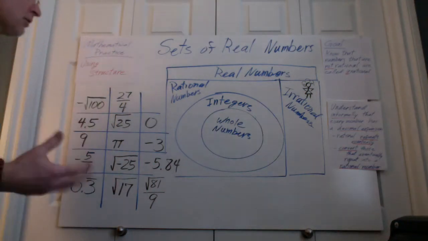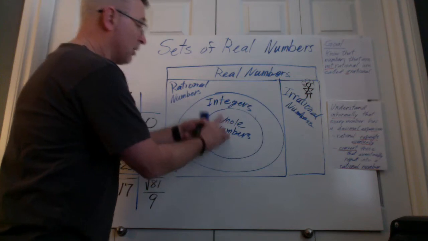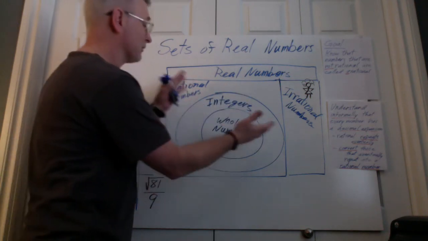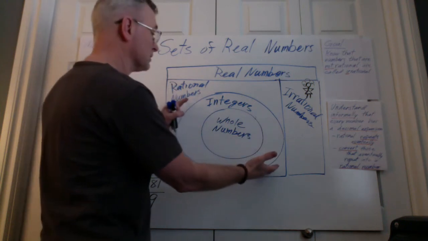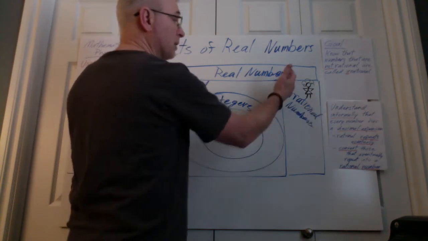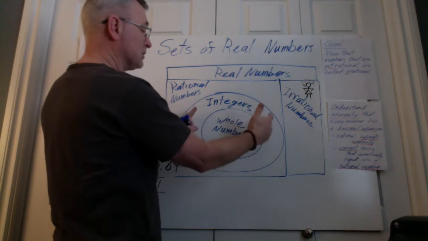So what I want you to do right now is realize that the whole numbers are also part of the integers, and the integers are also part of the rational numbers, and the rational numbers are part of the real numbers, and the irrational numbers are part of the real numbers. So the real numbers contain these, but then the integers and the whole numbers.